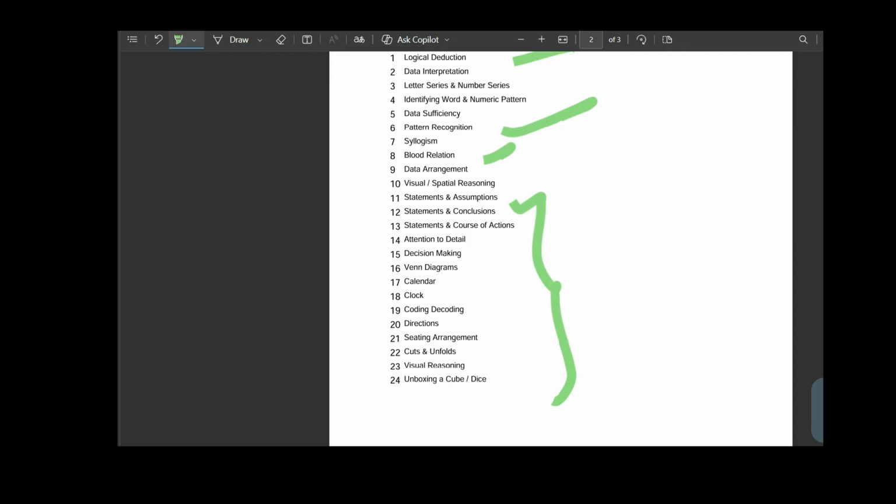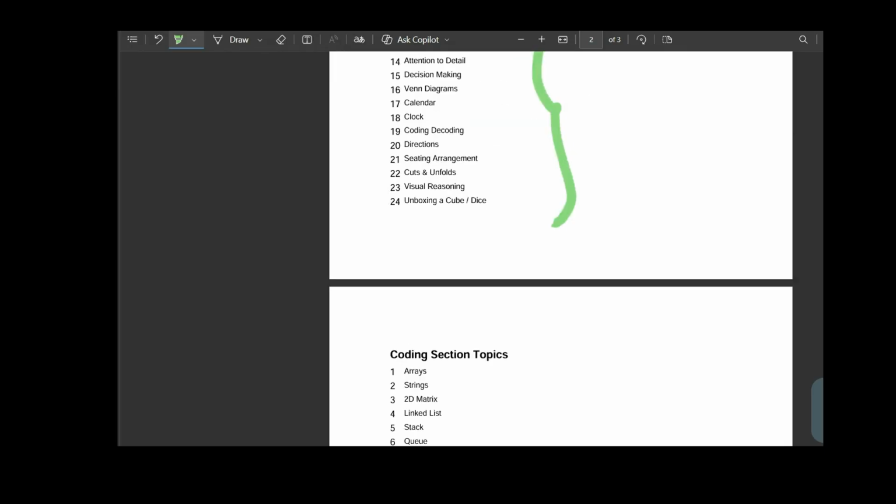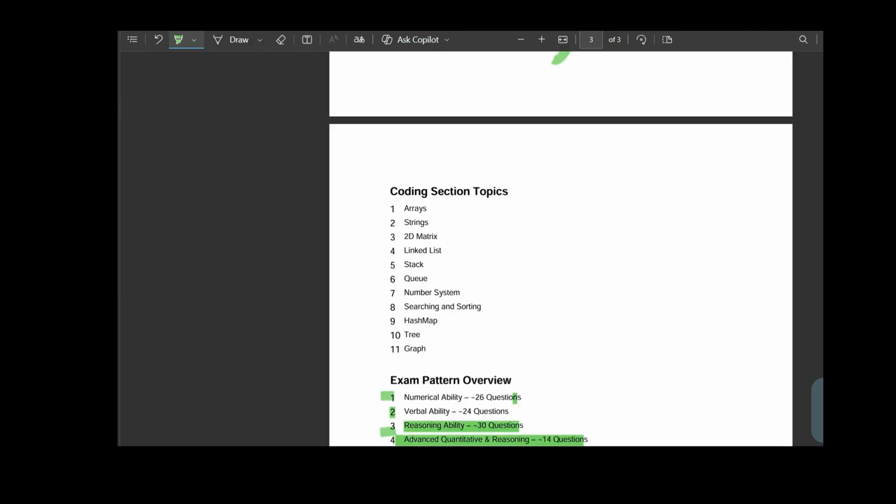Visual reasoning questions such as cube or dice problems and spatial reasoning tasks may also appear. Overall, this section tests your ability to think logically, identify patterns, and analyze information quickly and accurately.